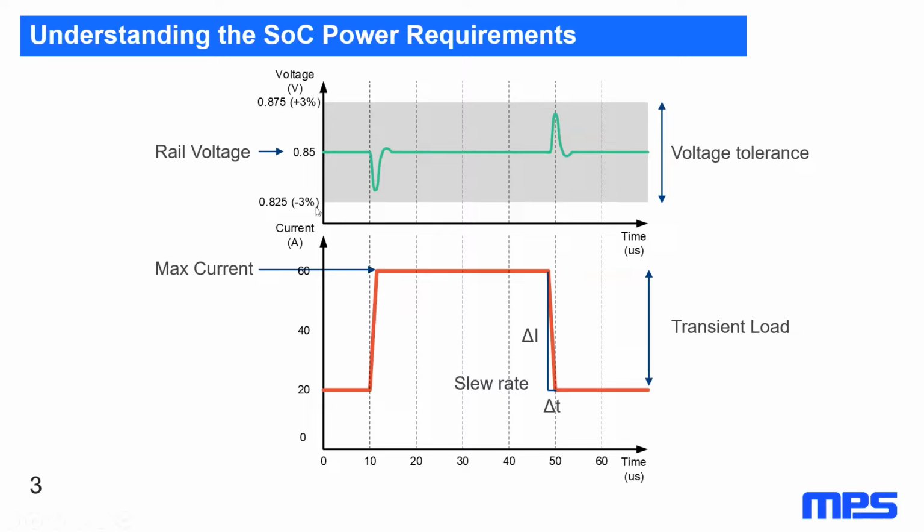So if here, for example, we got a +3 and -3% window, in this window, we need to account for the converter accuracy, which may be 1%, 1.5%, depending on the specifications. The overshoot and undershoot during a load transient, even line transient, and so on. So it's quite demanding for our converters.